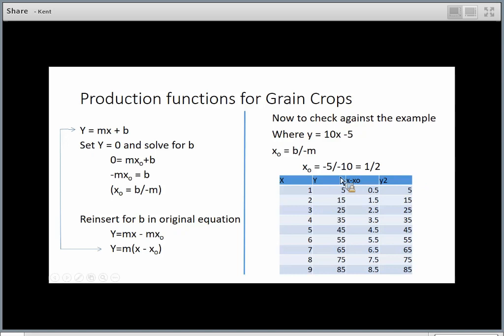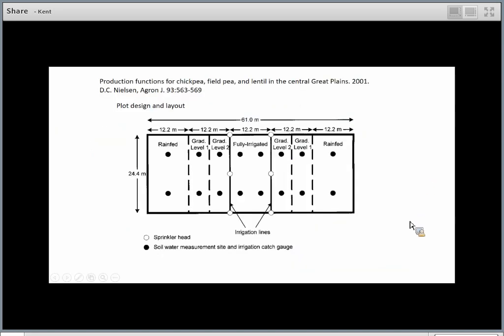And then if you want to solve the second way, using this other equation, you just take this column times the slope. So 0.5 times 10, which was the slope, is 5. 1.5 times 10 is 15. So you get the same values. It just proves that that's the same equation.